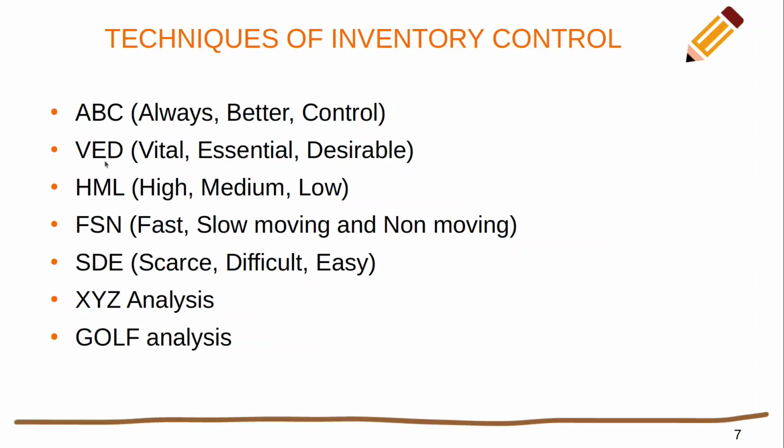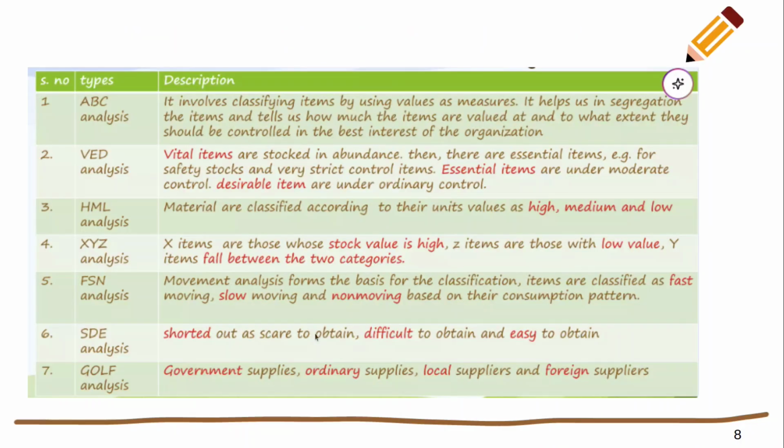VED: vital, essential and desirable. HML: high, medium, low. FSN: fast, slow moving, non moving. SDE: scarce, difficult, easy. XYZ analysis, GOLF analysis. These are the different techniques of inventory control.